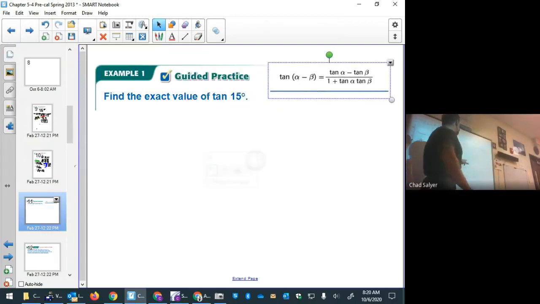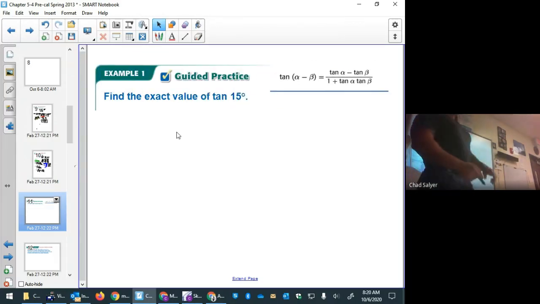Put this up here in case you guys. That's the one I would use for this. Not the only possible. You could use the sum instead if you use the negative angle, but it's up to you guys.